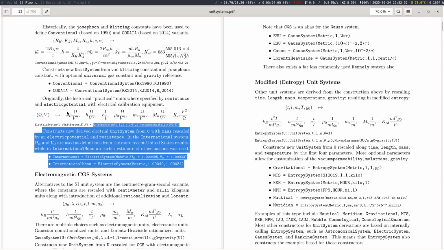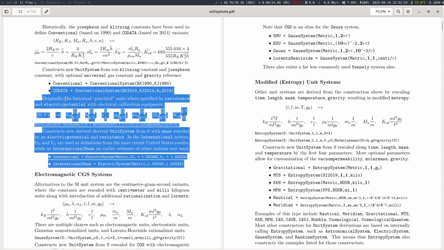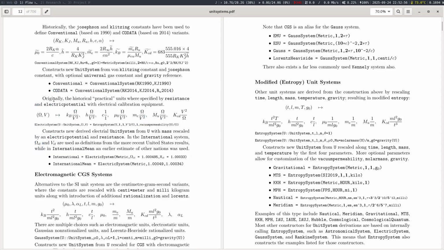So this was a really big research topic of mine. There was no information in modern times about this. I had to go back to the original sources from many decades ago to get this information and figure out how to fit it into this modern unified system of quantities.